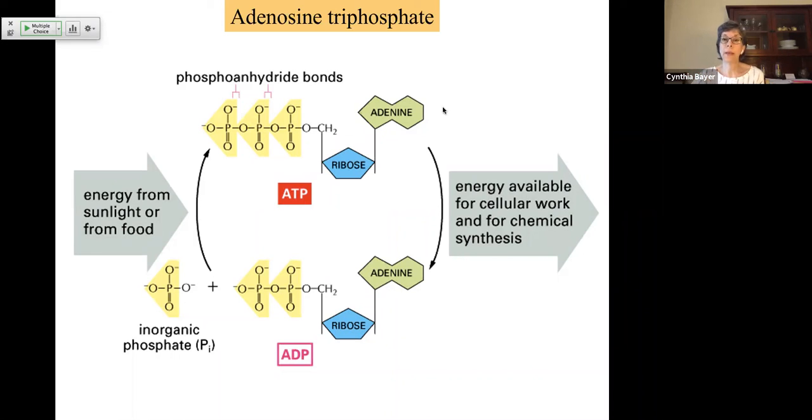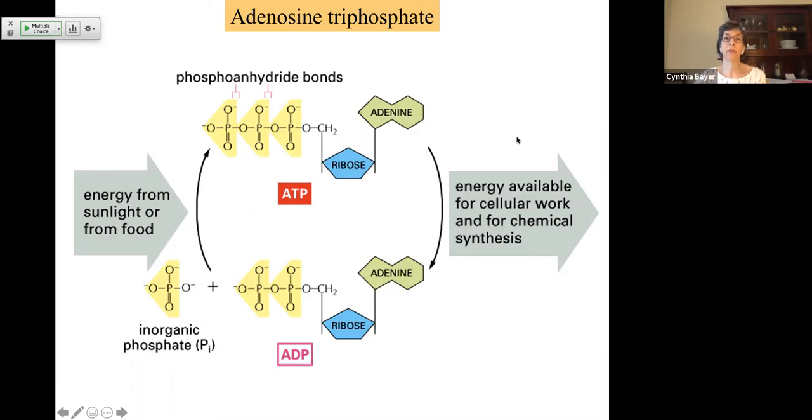All of those negative charges repelling each other are ready to be released. And so ATP in an aqueous solution, in the presence of water, can be hydrolyzed. And the hydrolysis of ATP, the cleavage of that terminal phosphate, converting ATP to ADP plus an inorganic phosphate, releases energy that is now available for the cell to do the work of being alive.